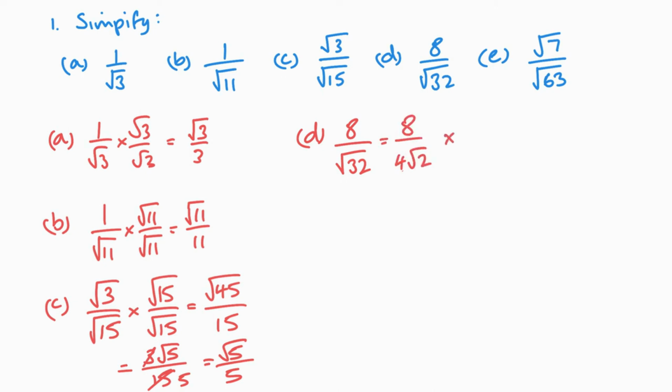And then I only need to multiply by the square root part. So now I've got 8 times root 2 is 8 root 2, and then root 2 times root 2 is 2, but I've got to also multiply by the 4, so it's going to be 8. So this is just going to be root 2. Just be careful, root 2 times root 2 is 2, we've also got to multiply by this 4.